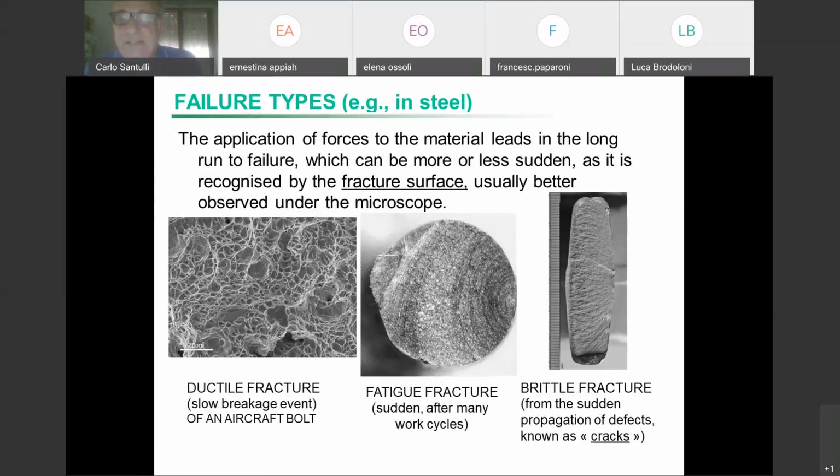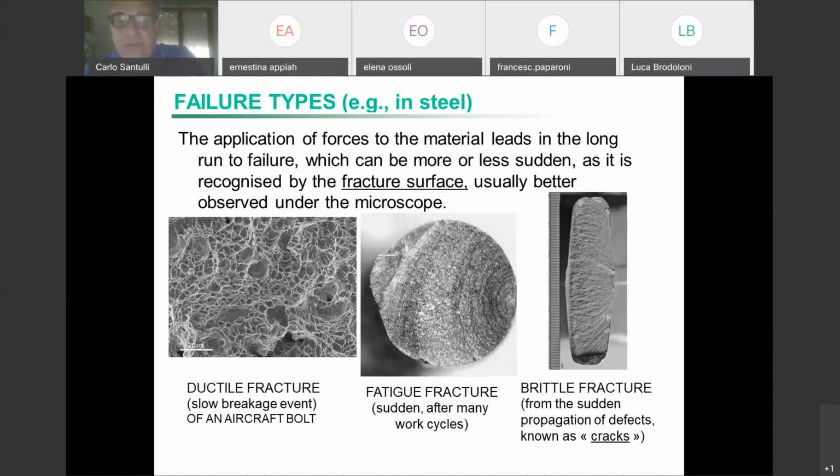We can load the material below the elastic limit a large number of times, but at a certain point you may have a fatigue failure, which is sudden, but is not due to a defect that explodes and progresses very quickly.